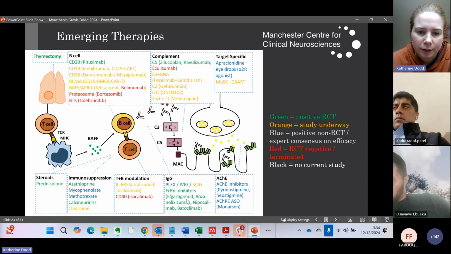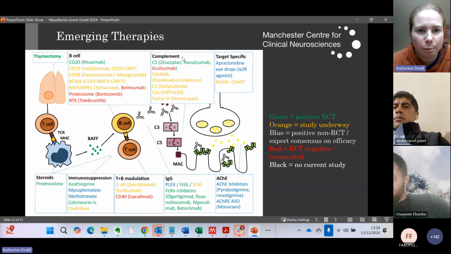So efgartigimod has been available on an early access scheme in the UK. We're awaiting very shortly a NICE decision, we've been waiting for about 2 years, but I think it will come soon, and I think they'll be reserved for refractory disease because they're very, very expensive, but they are being quite widely used in America.